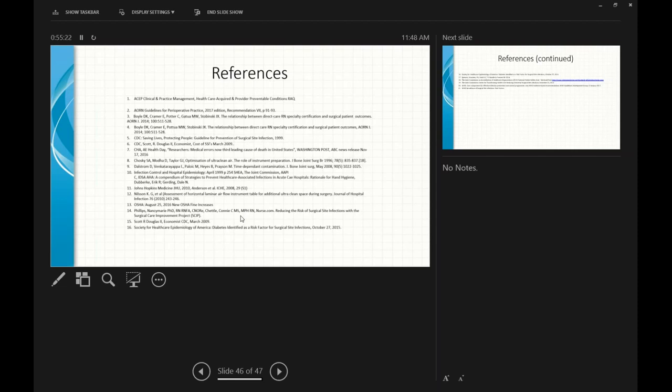Okay, and we've got some more questions that have actually come in. How many facilities are using the day of surgery pre-op nasal iodine swab and oral rinse on all surgery patients to reduce the risk of SSI? That's a good question, and I can't tell you that because there's not been any central reporting agency for that.